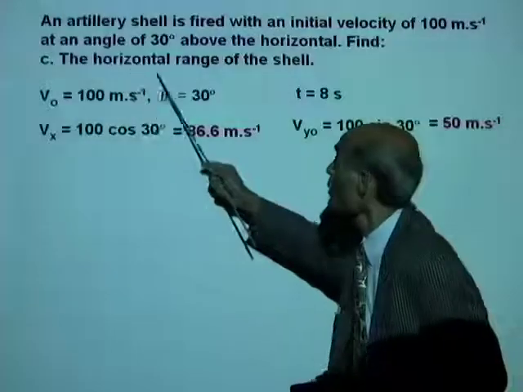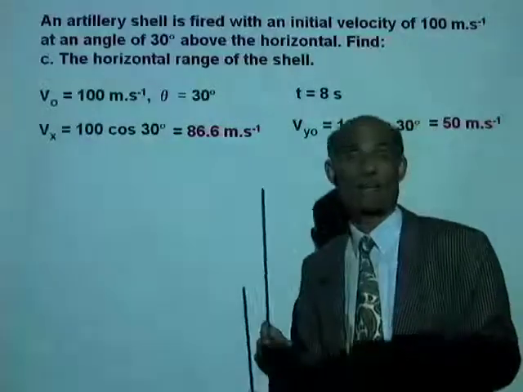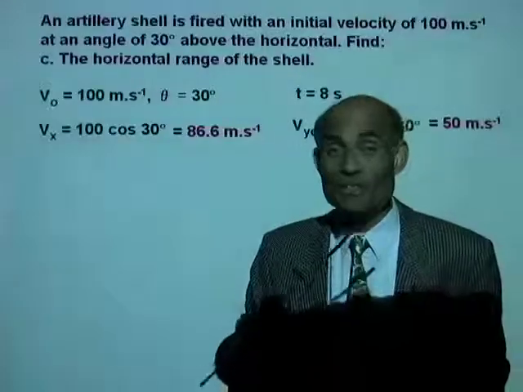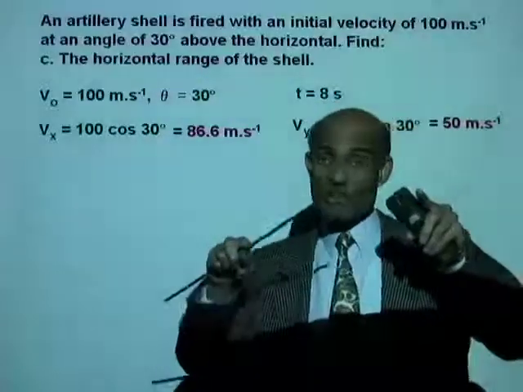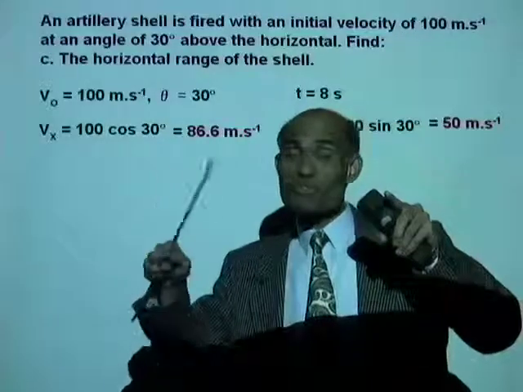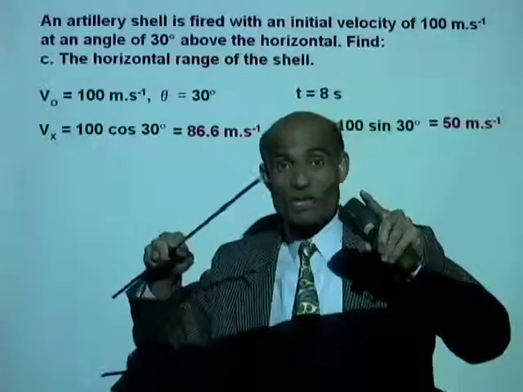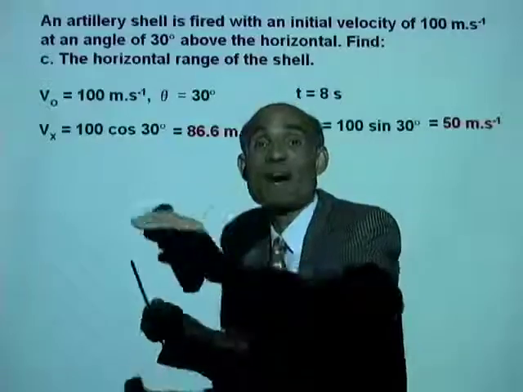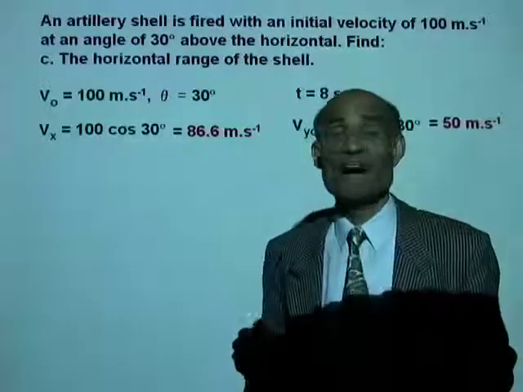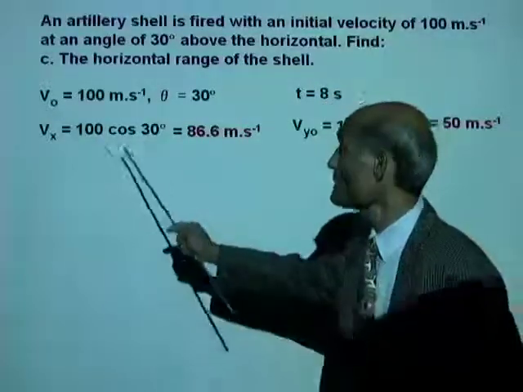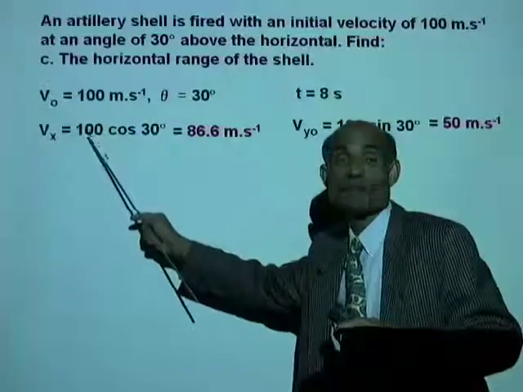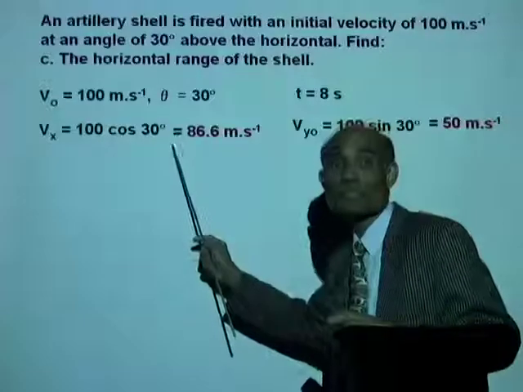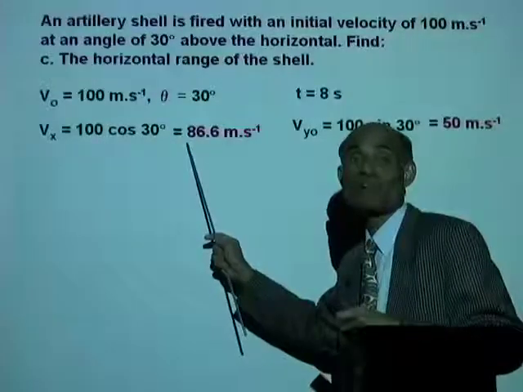What is the horizontal range of the shell? Now, the horizontal range is the horizontal distance traveled by the shell, which is the horizontal velocity multiplied by the time of flight. And what is the horizontal velocity? This is the horizontal velocity, Vx equal to 100 cos 30 degrees, and you know its value.